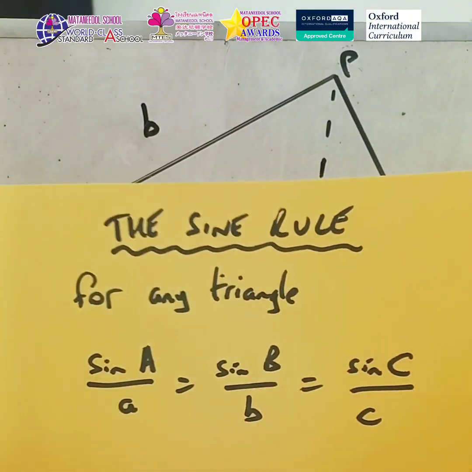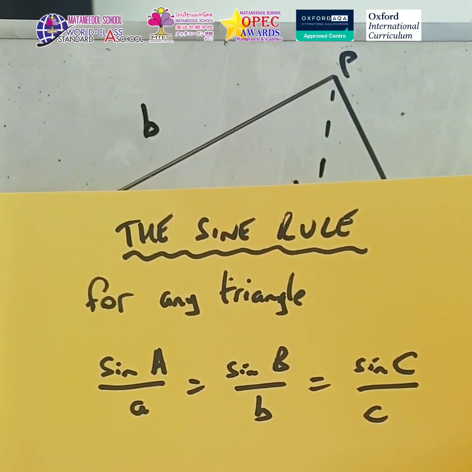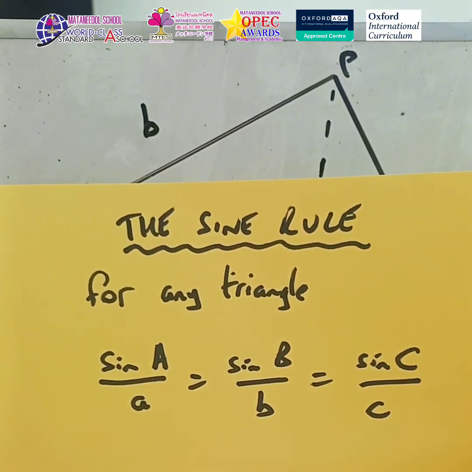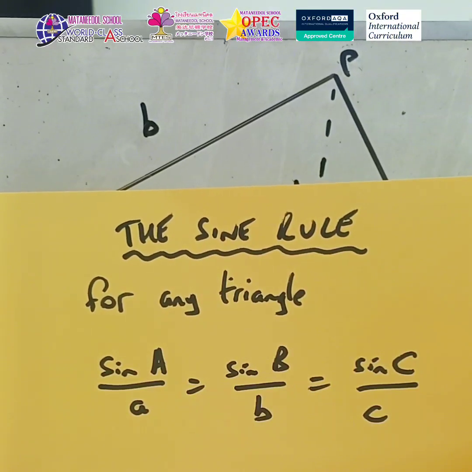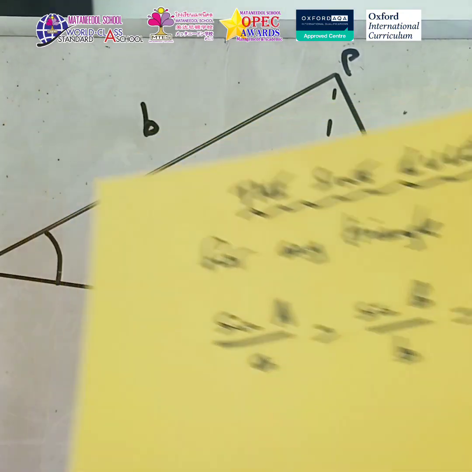The sine rule for any triangle: sine of angle A over length of side A equals the sine of angle B over the length of side B, which is equal to the sine of angle C over the length of side C. That, everybody, is the sine rule for any triangle.